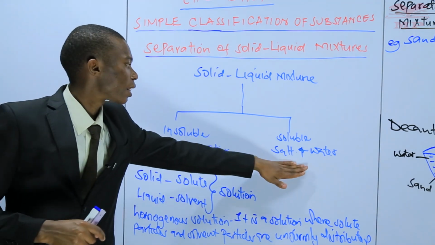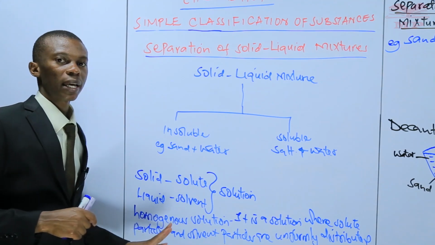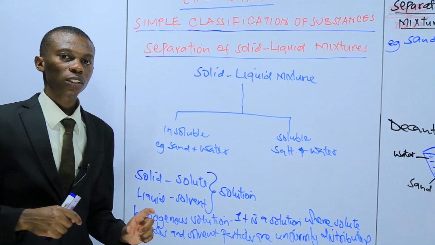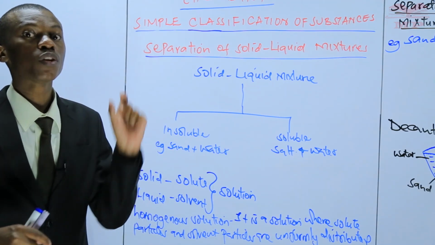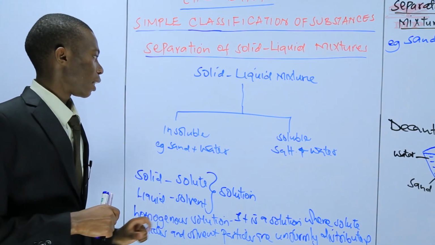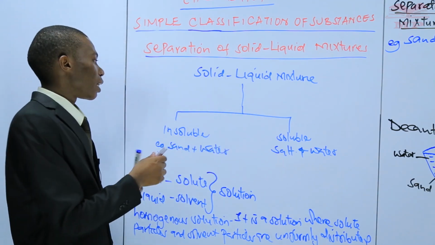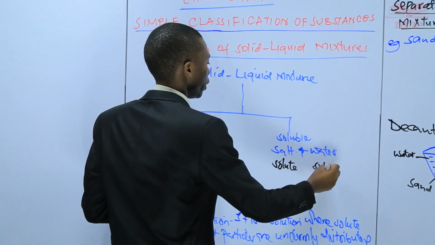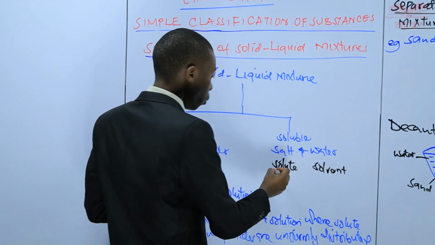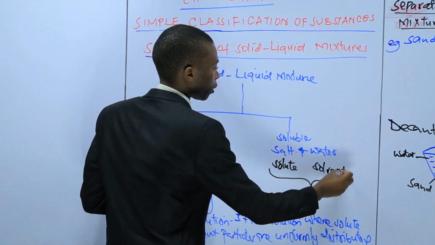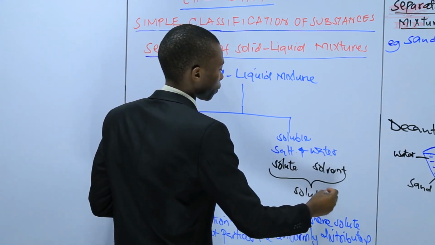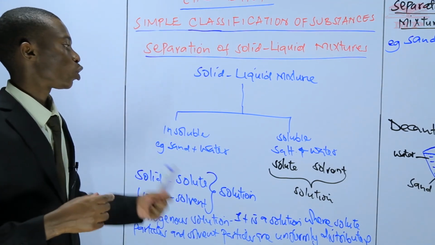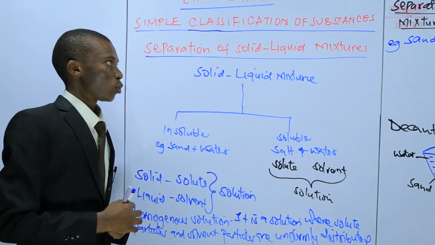And in this case, it is a homogeneous solution, which is a solution where solute particles and solvent particles are uniformly distributed. In this case, salt is a solute and water is a solvent. When you mix and stir, you will form a solution, and the solution is going to be a homogeneous solution.